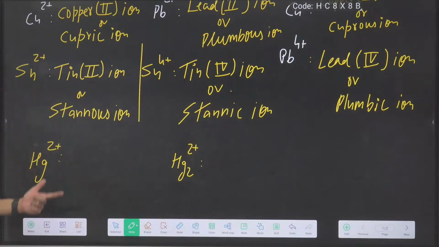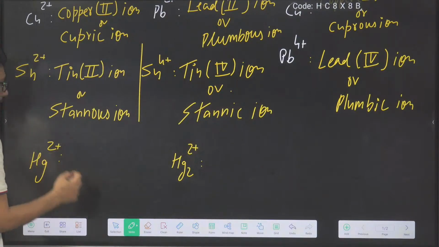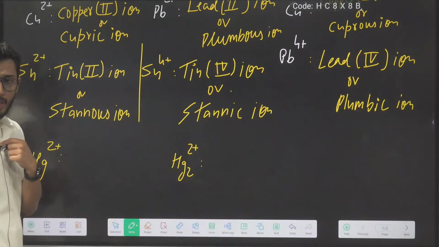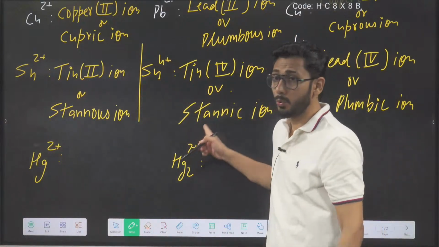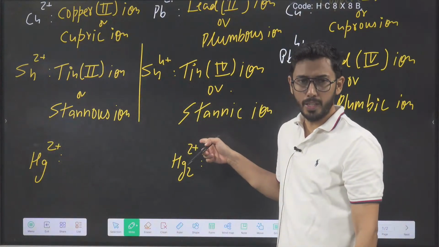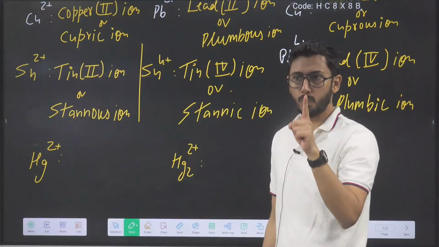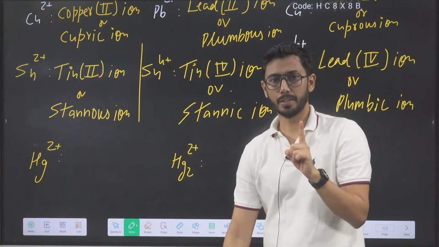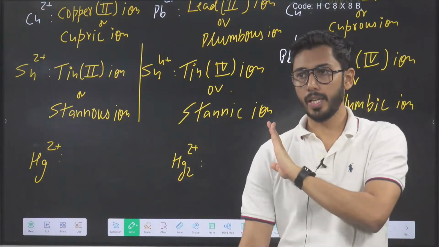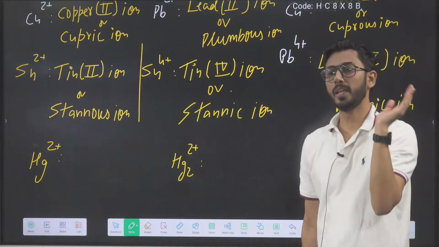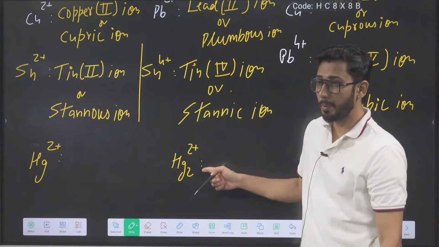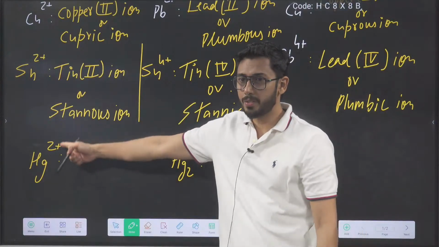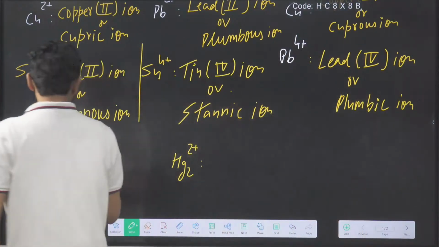Written? Write down the next one. Hg2+ with charge on mercury, and Hg2 2+, on each mercury how much? Plus 1. Hg+ does not exist like this. Generally, Hg+ will not be discussed separately; it dimerizes to give Hg2 2+. So here the lesser state is +1, here the higher state is +2.